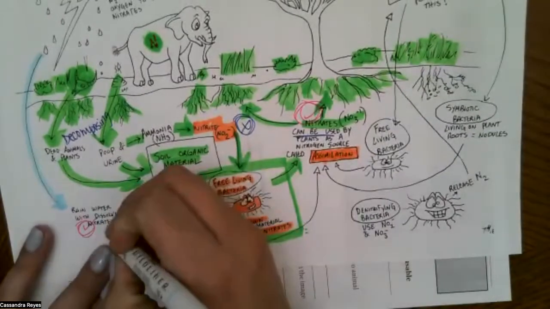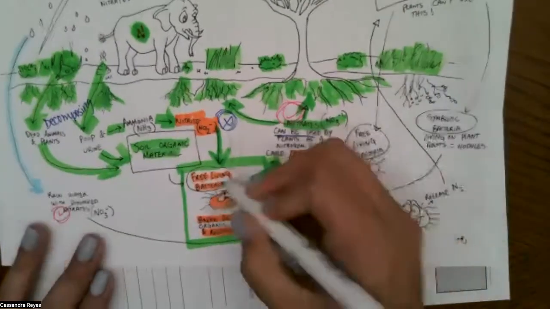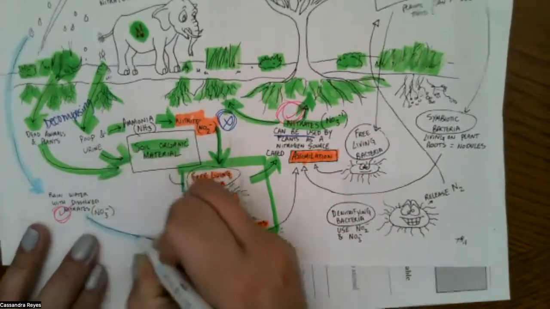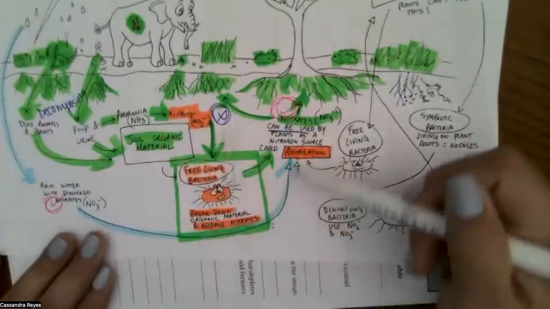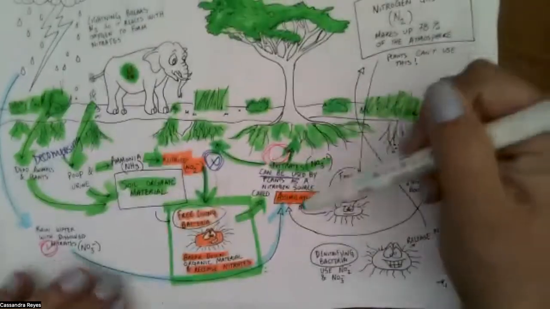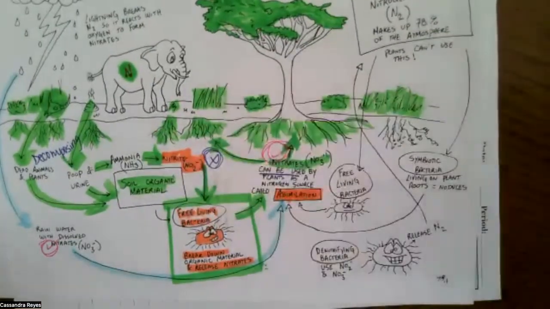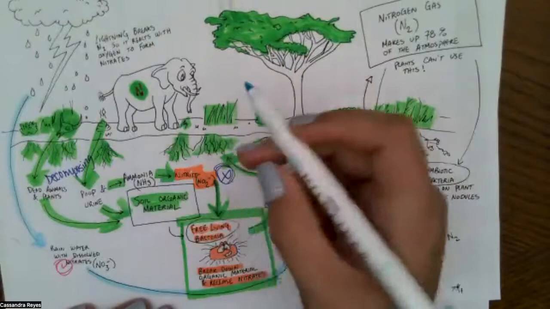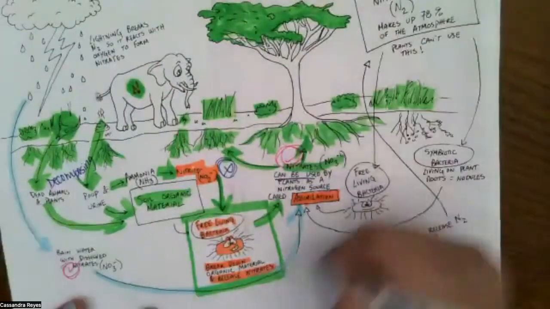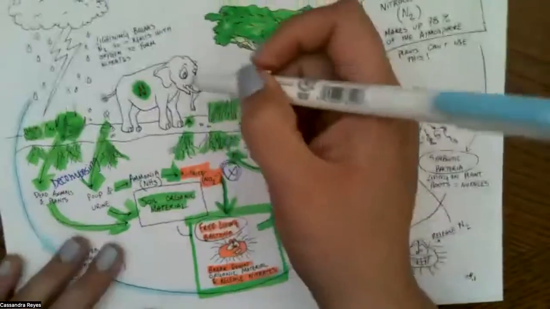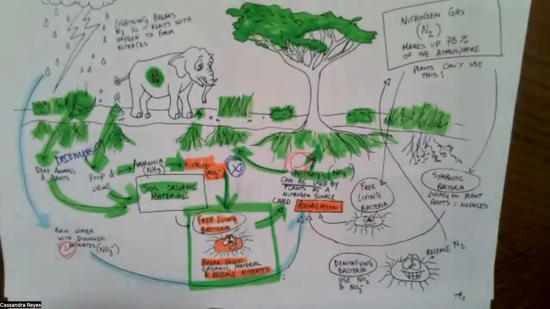And so we don't have to go through our free living bacteria like we did with the other process. But basically we're going to have the same result. It's going to make its way back up into the plants. And again, our elephant's going to come along and eat it. And then basically this is how we get our nitrogen back into our systems.